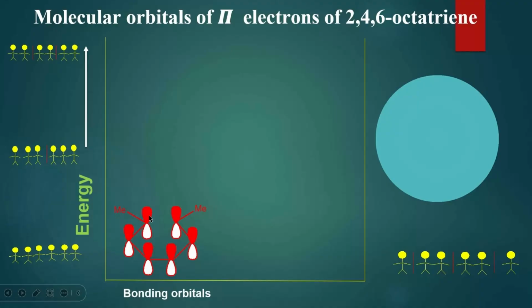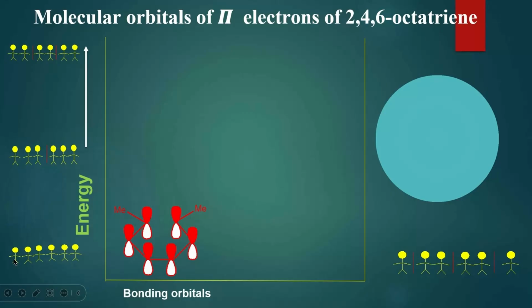The bonding orbitals are found by linear combination of these atomic orbitals. In the first stage, all the 6 2p orbitals are in the same phase.